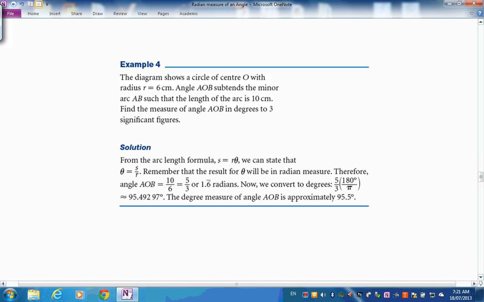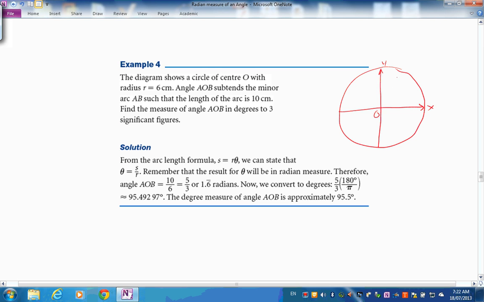The diagram shows a circle of centre O with radius 6. Now, I haven't got the diagram here, so let's draw the diagram in. Let's put in our axes, which is common here. Centre O and radius 6 centimetres. Angle AOB subtends the minor arc AB.